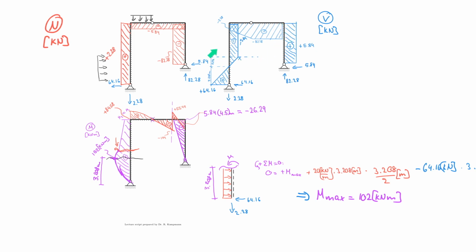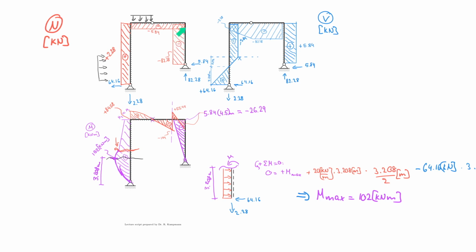And let's compare this, right? The 5.84 here is reflected in the horizontal member for the normal force. 82.28 in the right member is reflected in the shear force for the horizontal member.